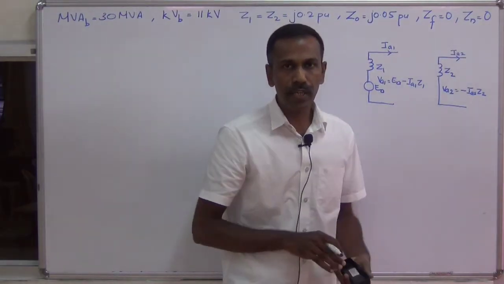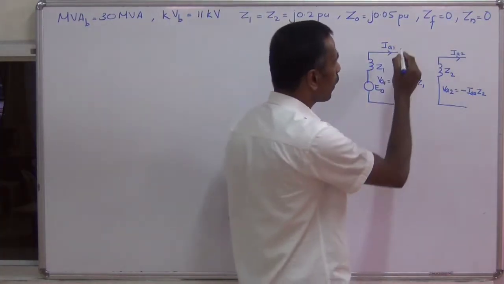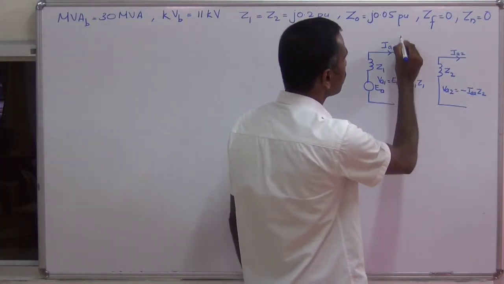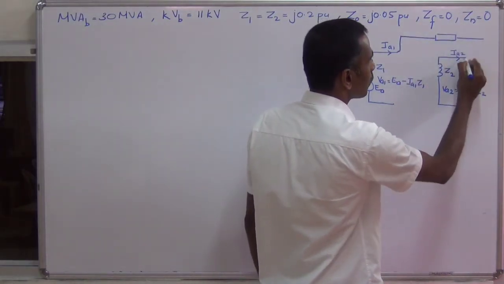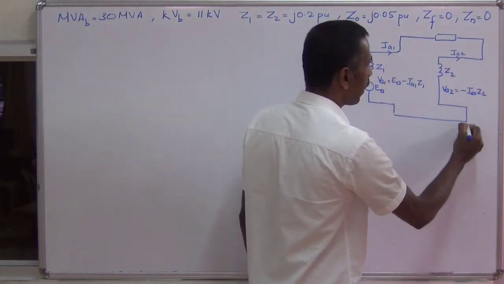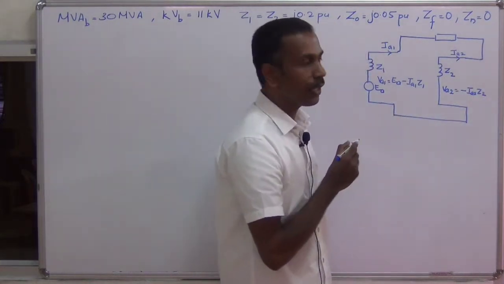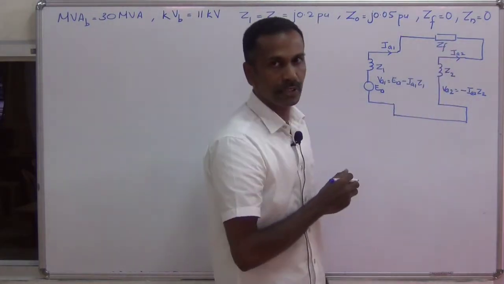In the case of line-to-line fault, these two networks are connected in parallel through the fault impedance. This is our fault impedance.